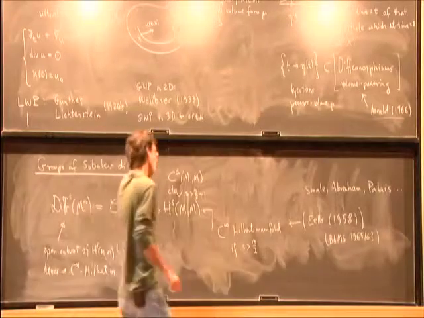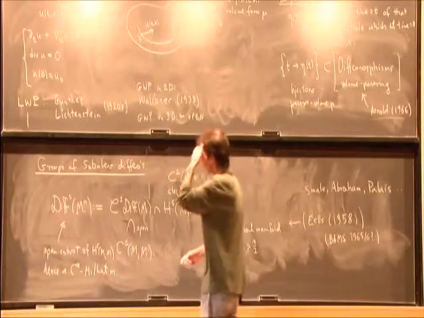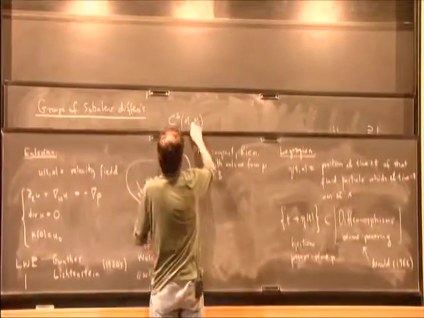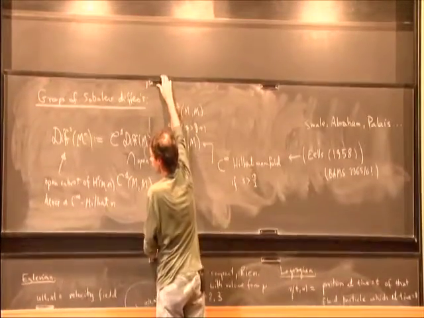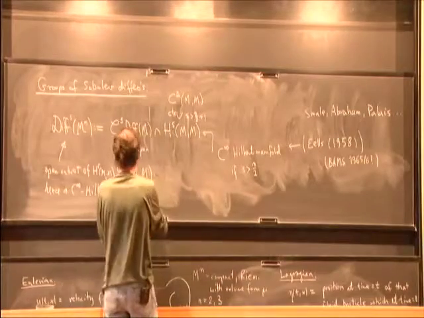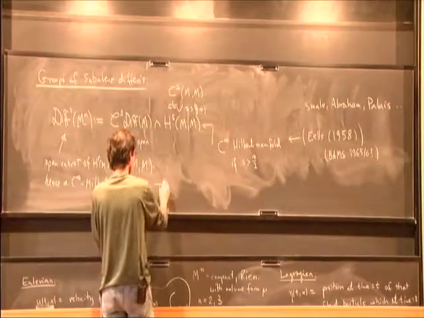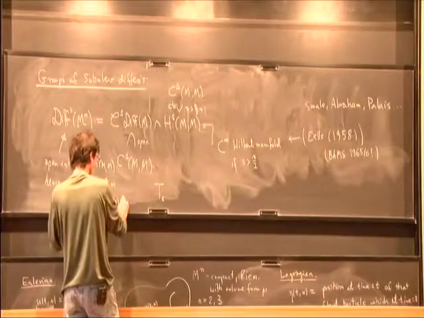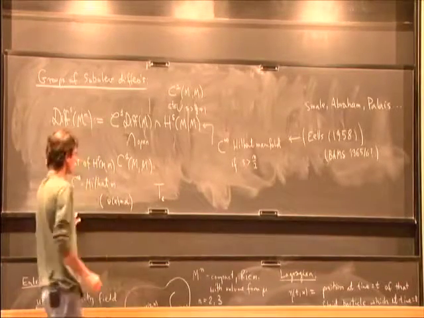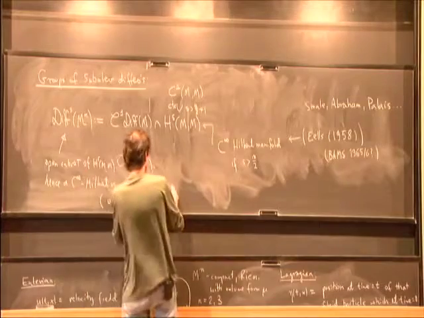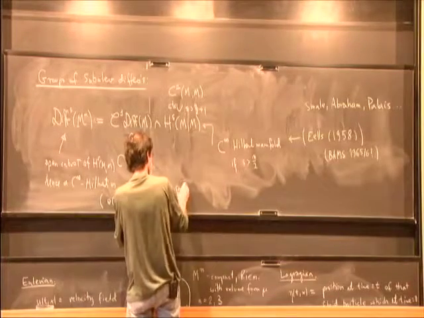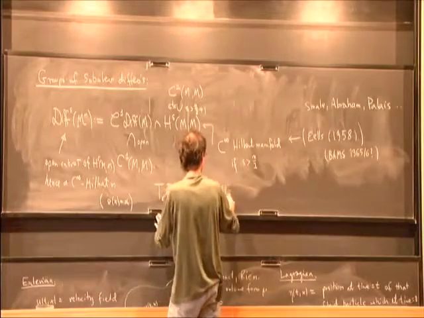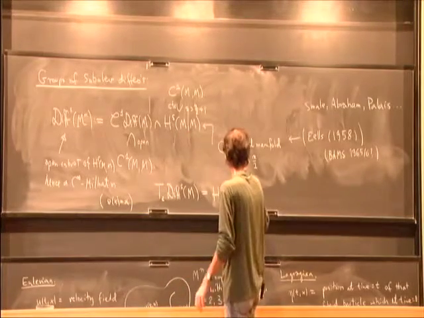Now the tangent space of this object, say at the identity diffeomorphism, E, a map where E of x is x. So the tangent space to Diff^s of M at E is just the space of Sobolev sections of the tangent bundle TM.